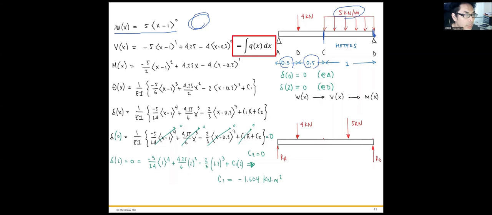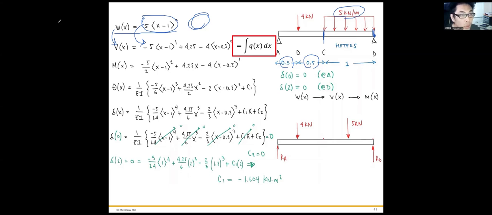Okay, and then we can take the integration to get the shear force. Remember there's still the point load applied.